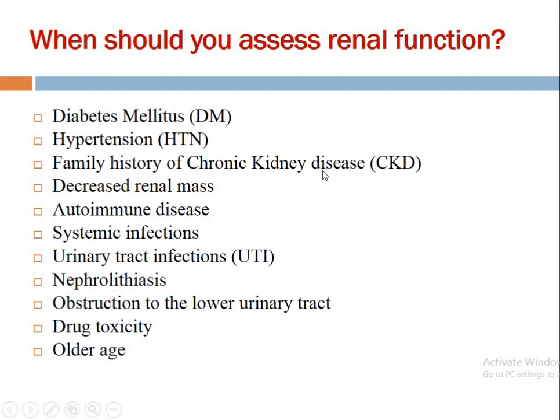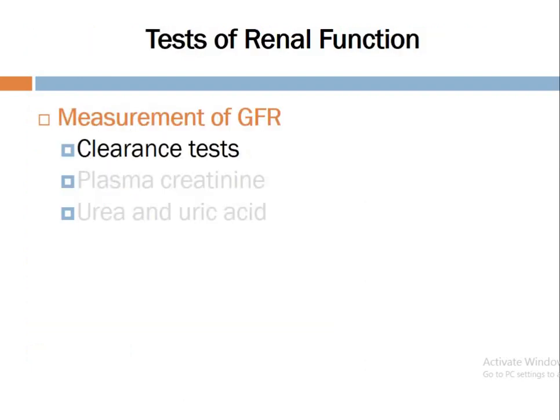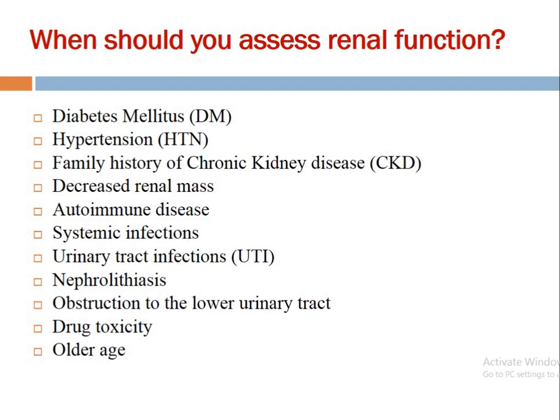Then the patients who are having a family history of chronic kidney diseases, chronic renal failure or certain other disorders of the kidney. In those subjects, you can assess the renal function. Then decreased renal mass that you can assess from the ultrasonography or other techniques.